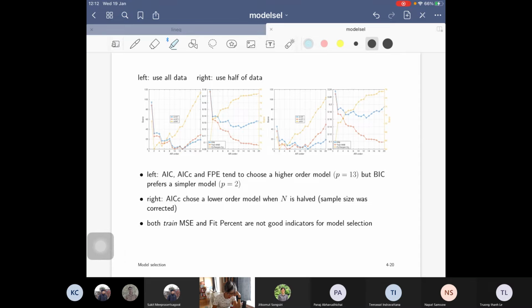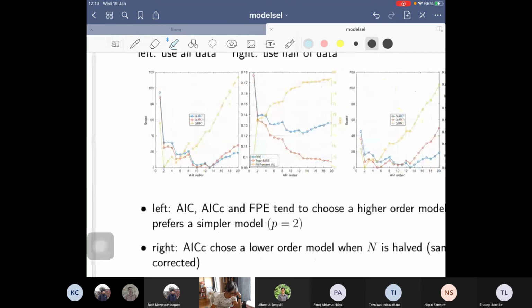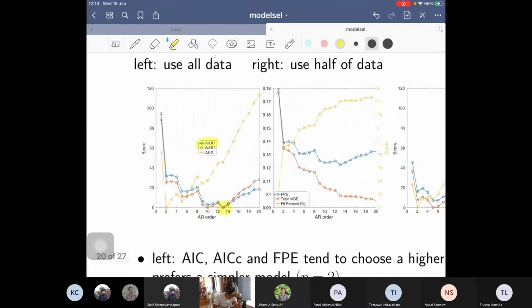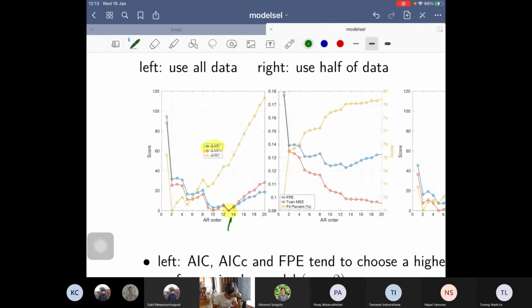On the left hand side, what do we see? Notice that AIC, the blue one, picks somewhere around here. This is AIC, this is BIC.